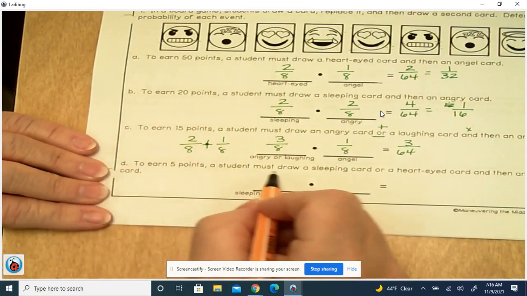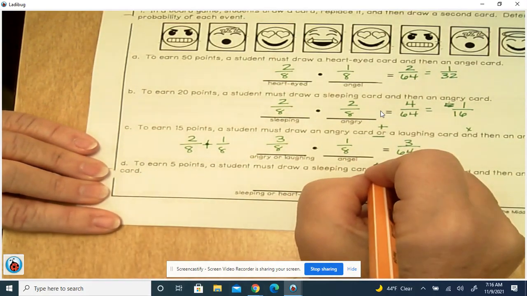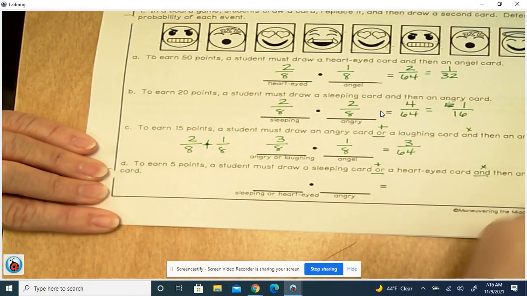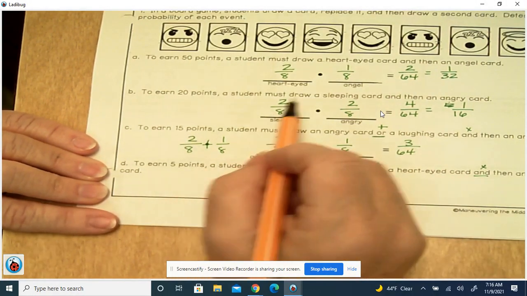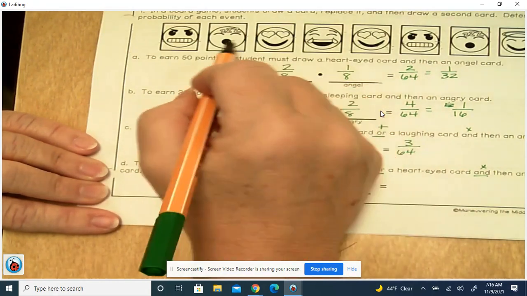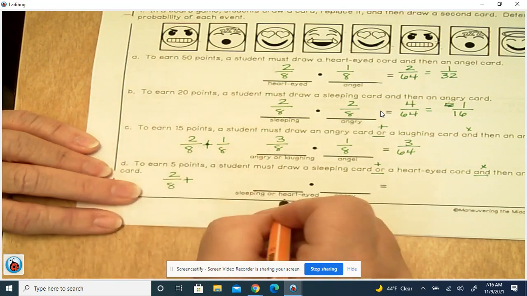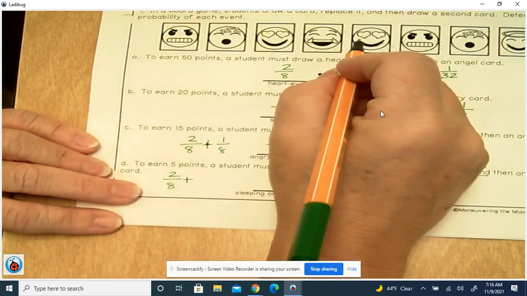All right, to earn points, the student must draw a sleeping card or a heart eye card, and then an angry card. So a sleeping card, we've got 2 out of 8, plus the heart eye card, which is 2 out of 8.